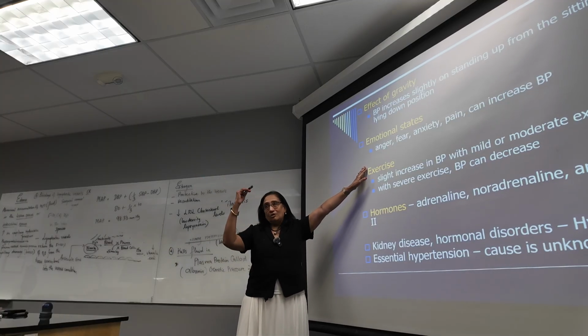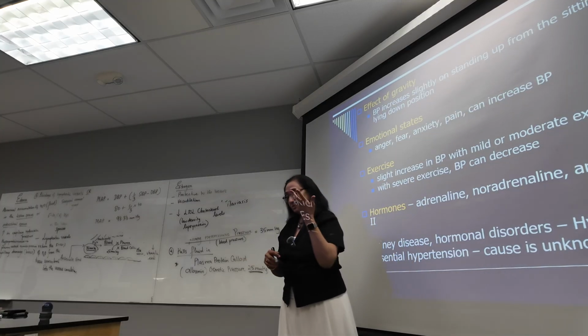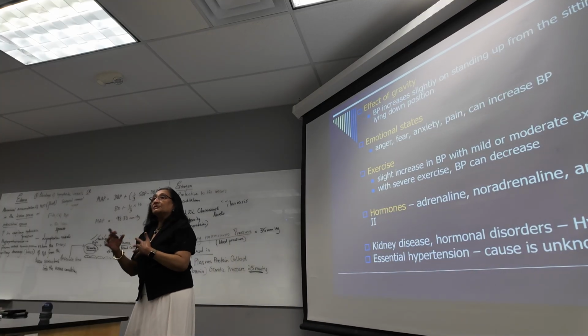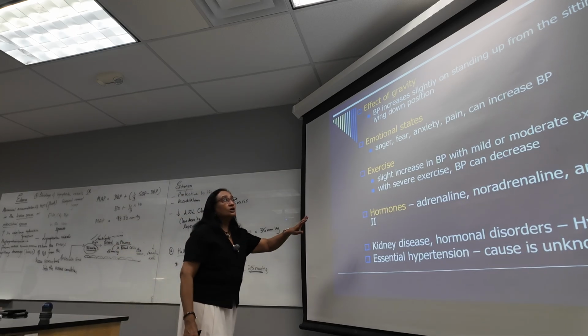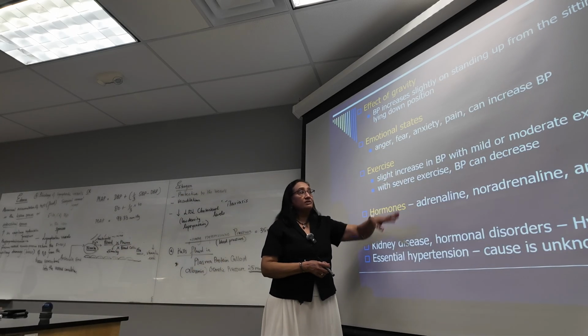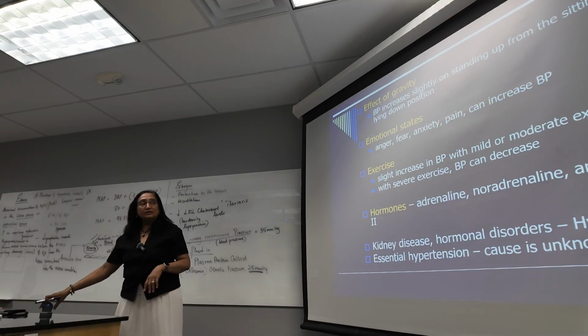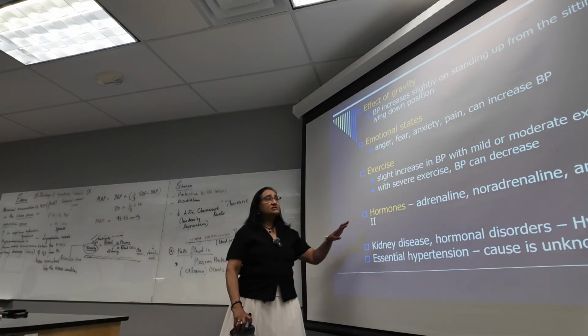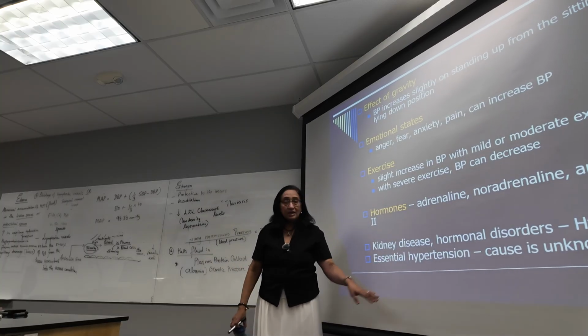Emotional states will always end up increasing your blood pressure. Why? Because the sympathetic nervous system increases your heart rate and cardiac output, so blood pressure will increase. Exercise tends to increase blood pressure slightly. Severe exercise can decrease it. Hormones can do that.